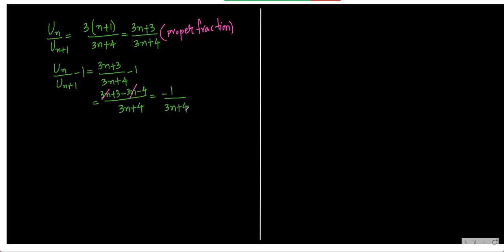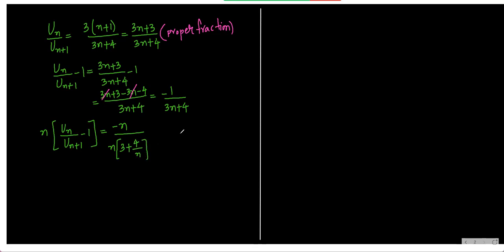Now, according to the rule of the Raabe test, we have to multiply n on both sides. n times (un by un plus 1 minus 1) equal to, if you multiply n on both sides, minus n. At the same time, I want to take n common from the denominator also. We are left with 3 plus 4 by n.